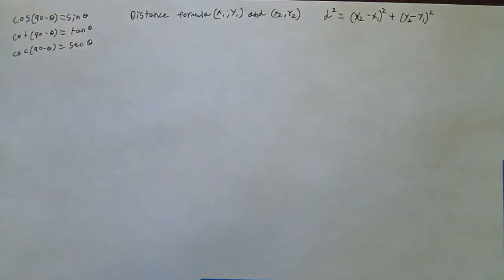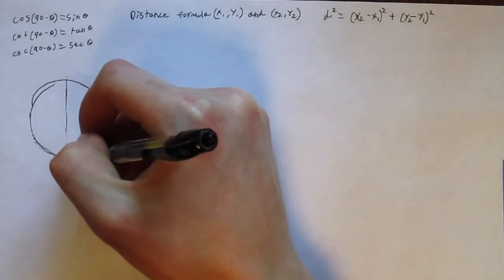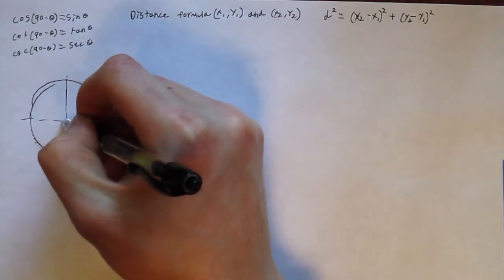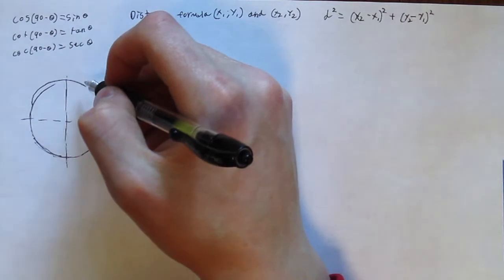Okay, so in order to prove what cosine of A minus B is, we draw a circle and set the center of the circle as the origin. And now we create two arcs.